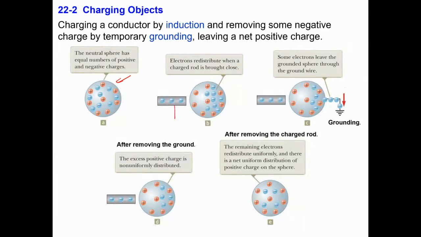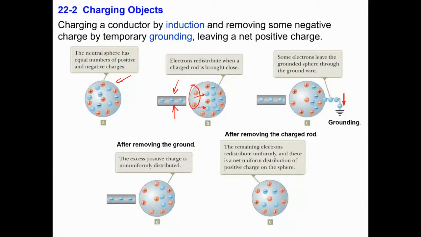Now, let's assume we bring an insulator close to it that is negatively charged, and the insulator does not touch the sphere. So now the free electrons will move away from the negative charge, the insulator. So the electrons now are moving to the right side, leaving behind positively charged.